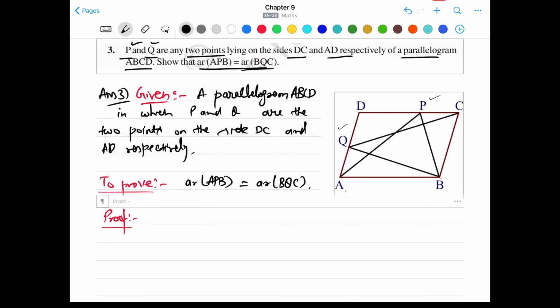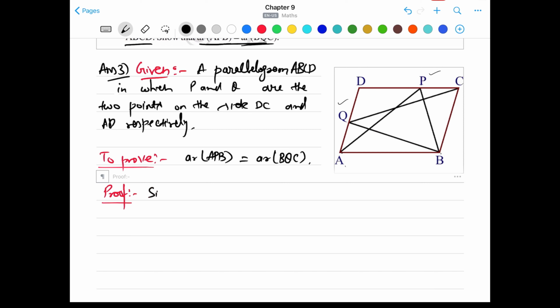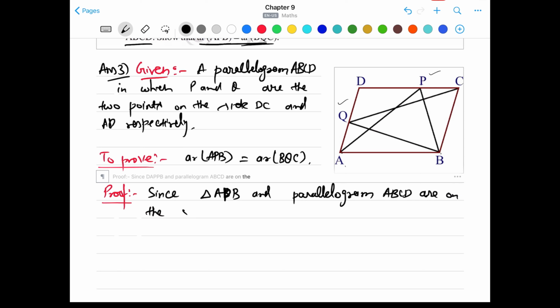This is very simple. We are going to use the statement of example number 2 in the respective triangles in this parallelogram, and we'll prove that the area of each triangle is equal to half the area of this parallelogram ABCD. Okay, so we'll write: since the triangle, first let's take APB, and parallelogram ABCD are on the same base.